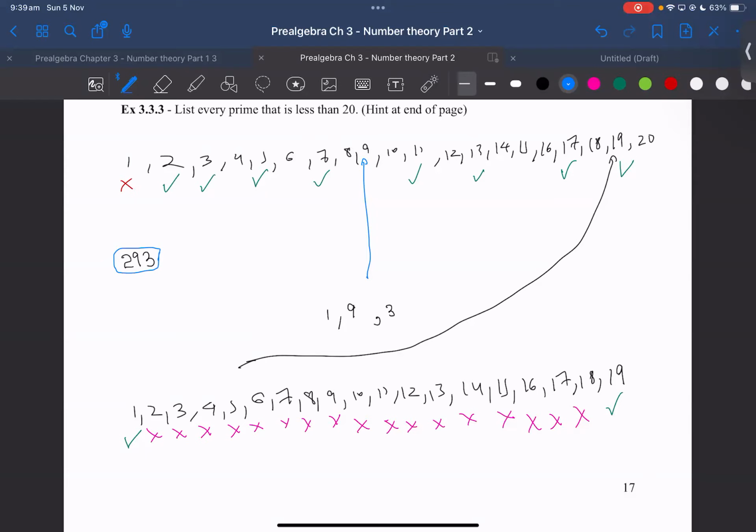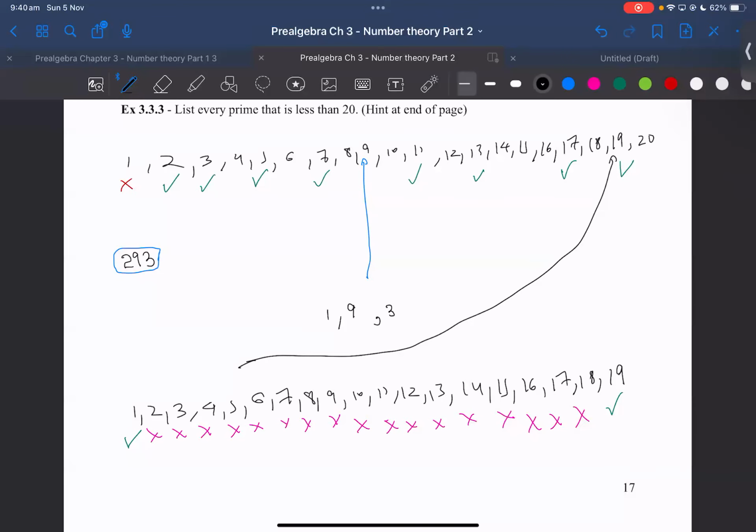The digit sum is 14, so it's not divisible by 3. It will take you a long time. You have to check a lot of numbers. The answer is it actually is prime.